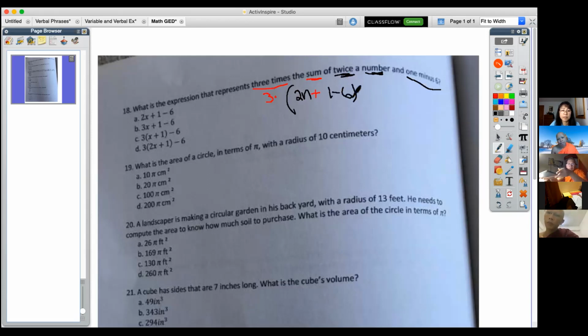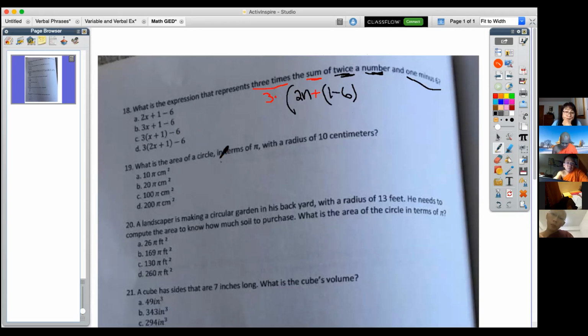Okay, so 3 times the sum of twice a number and 1 minus 6. So which one of these?